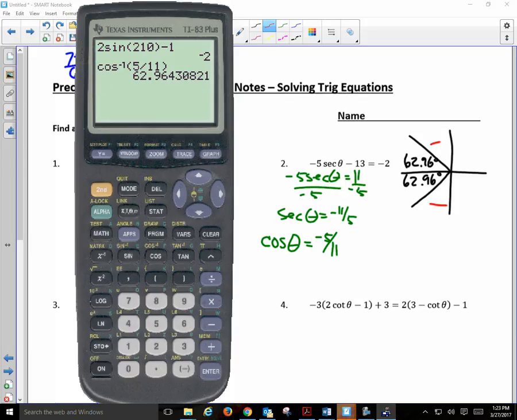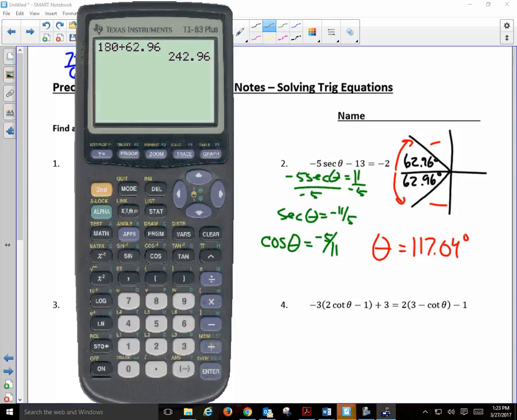It's always against the x-axis. So theta is 180 minus 62.96. And then 180 plus. And there we have it.